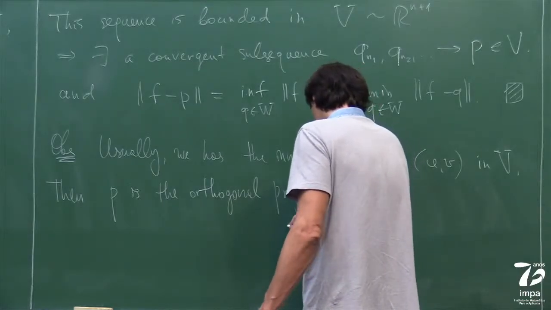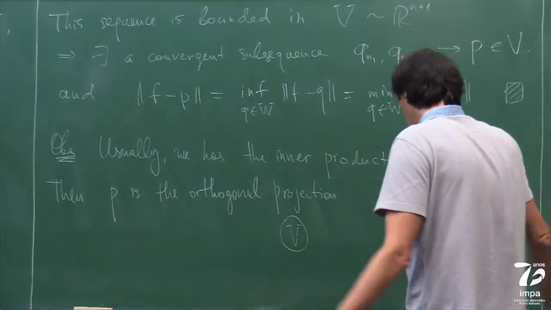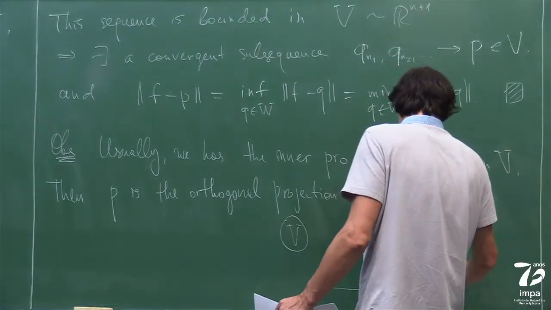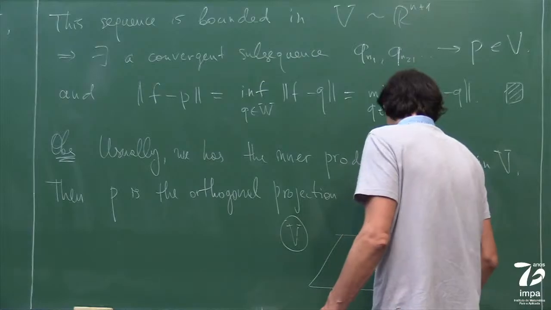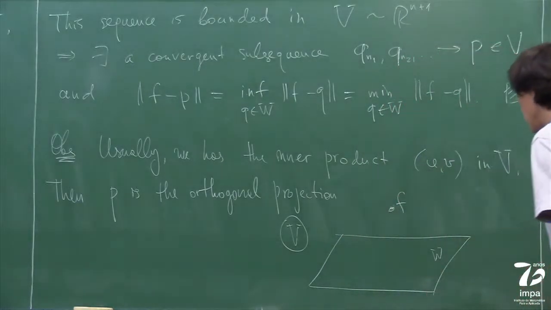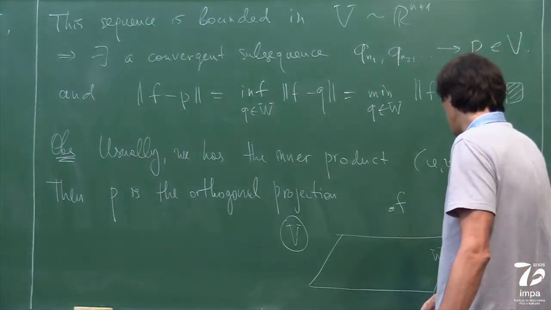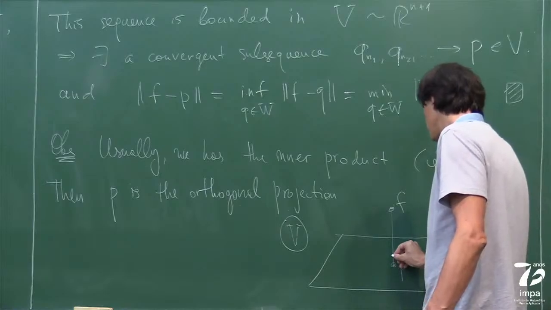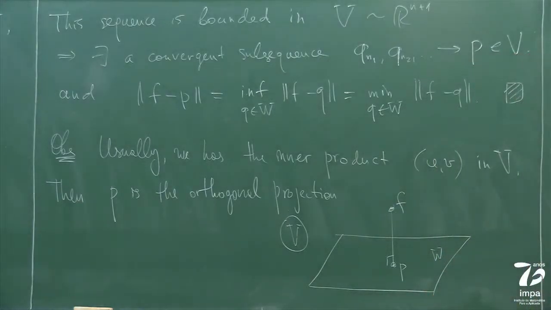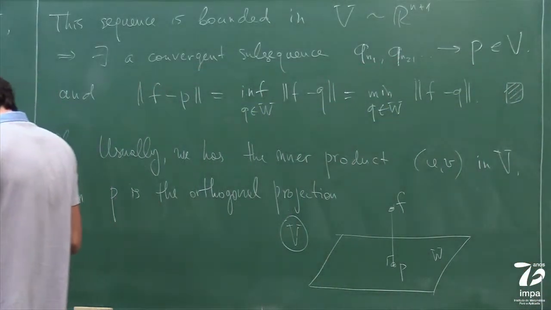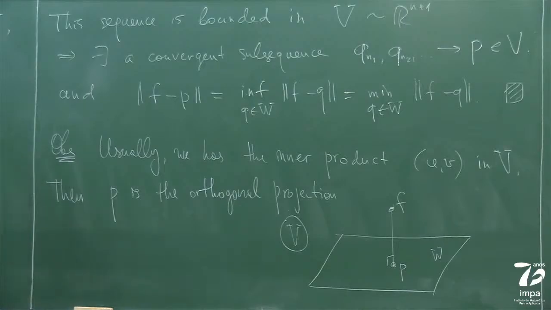Let's say this vector space V can be arbitrarily large, and then we have a subspace W, which is finite dimensional, and then we have a point F that we want to approximate by a point in this W. So what happens is that the point P, which you approximate, is the one where you just project normally to this space, and this can be put explicitly.